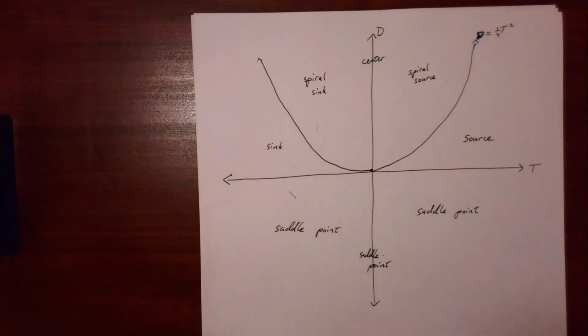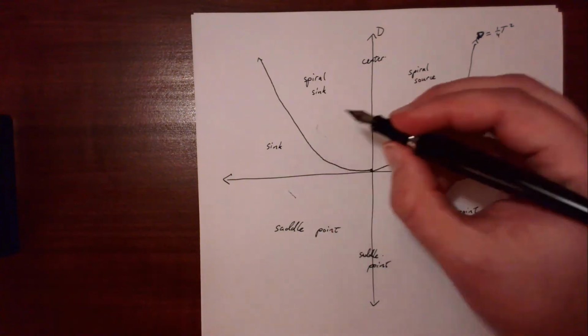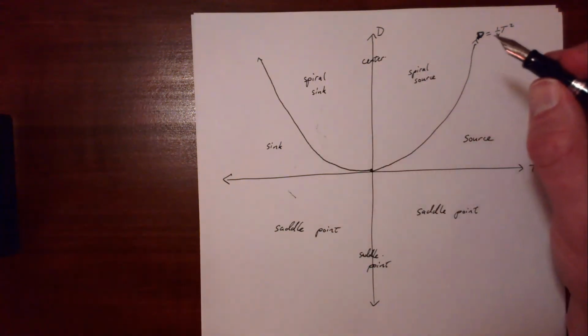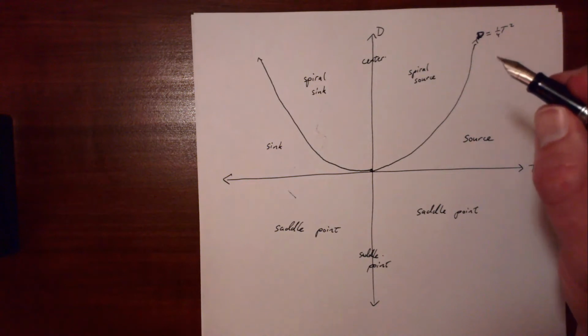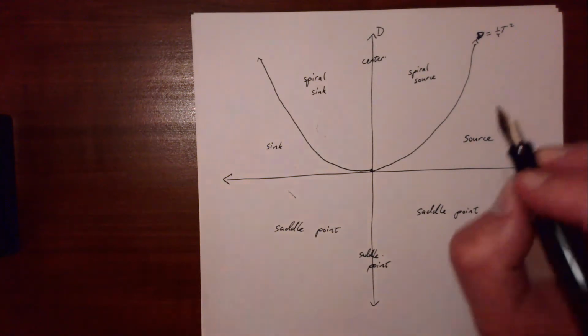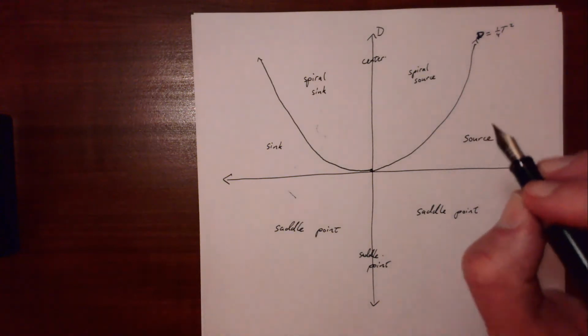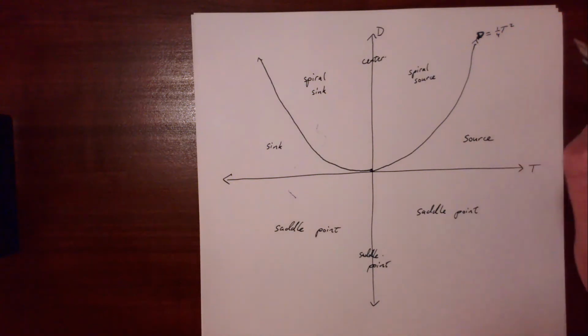For the same reason that we had a source over here, we have a determinant in this case that is positive, so therefore the two eigenvalues must have the same sign, but since their trace is negative, that sign must be negative.